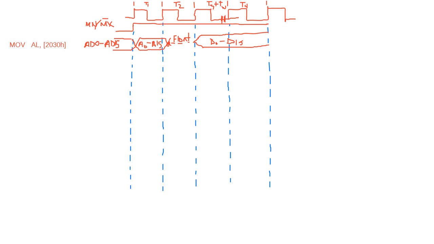Float condition. Okay, so now it's about the ALE signal. This signal is high during the T1 time, and the rest of the time it is low, because this address information must be grabbed by the latches. And then what about the data enable, DEN?